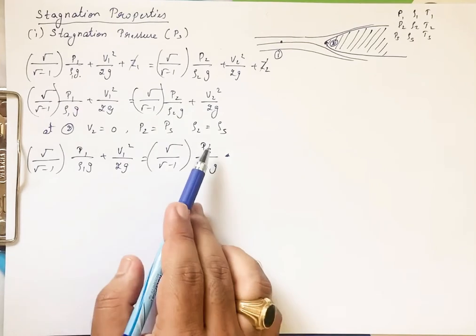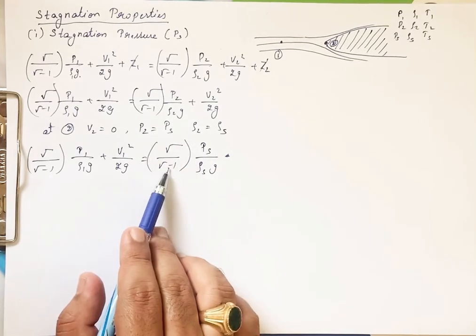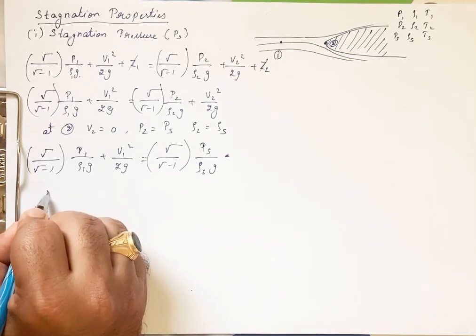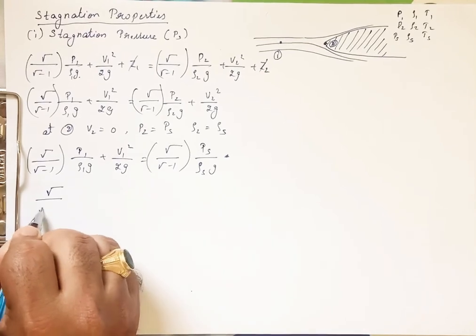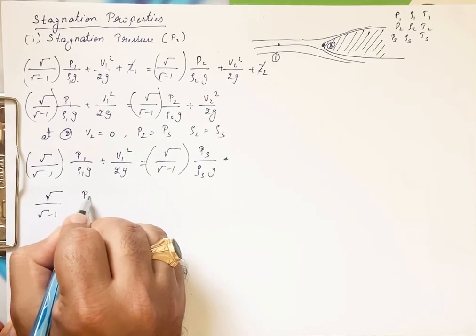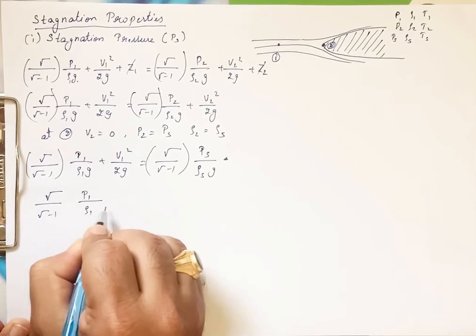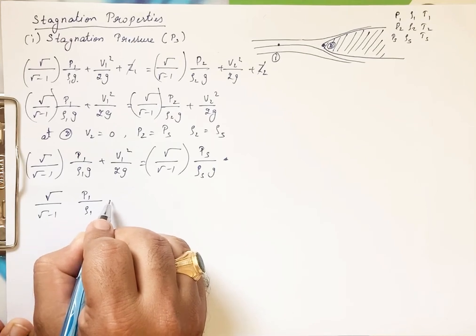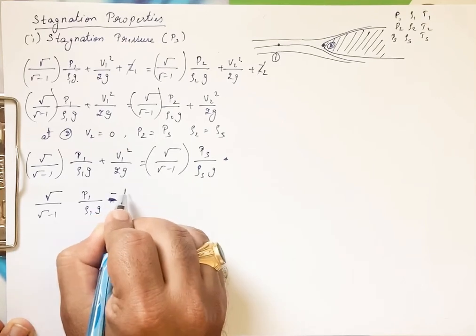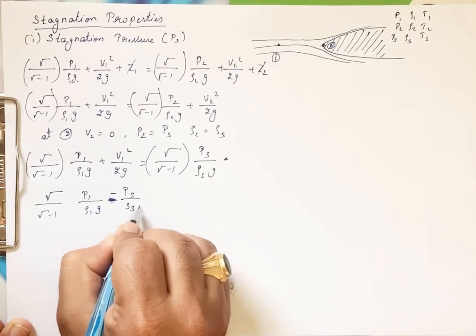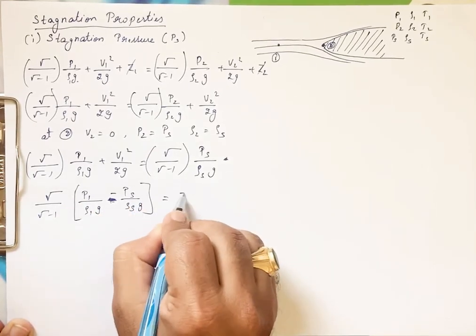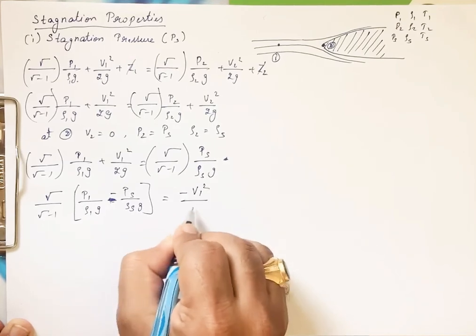Now I'll take out the common terms. We have gamma divided by gamma minus 1 in both expressions, so I take it out common: gamma divided by gamma minus 1 into P1 by rho 1 g minus Ps by rho s g is equal to minus V1 square by 2g.